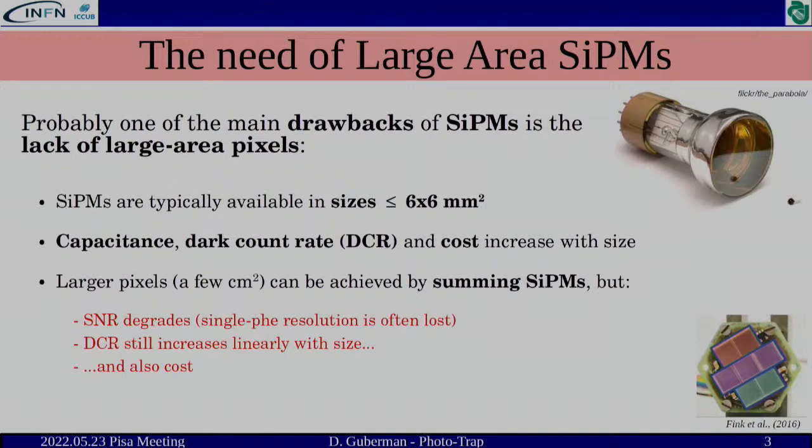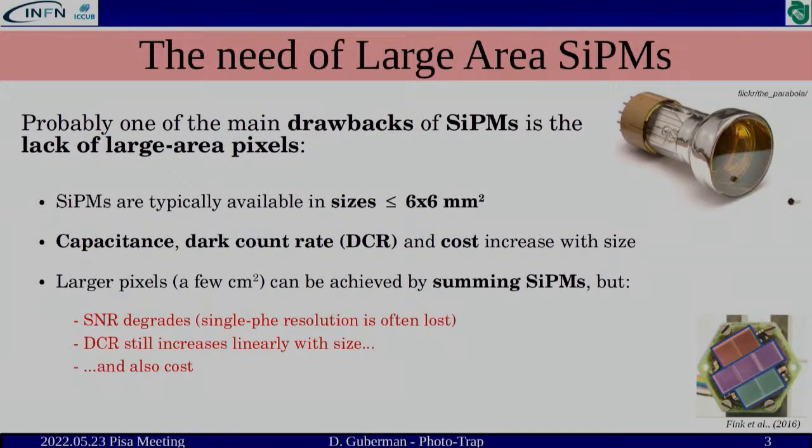One possible way to overcome this, which has been explored, for instance, in high energy astrophysics and also in medical physics, consists of summing the output of several silicon PMs into a single one, so that you can reduce the number of channels, achieving a larger pixel without a dramatic increase in the capacitance.